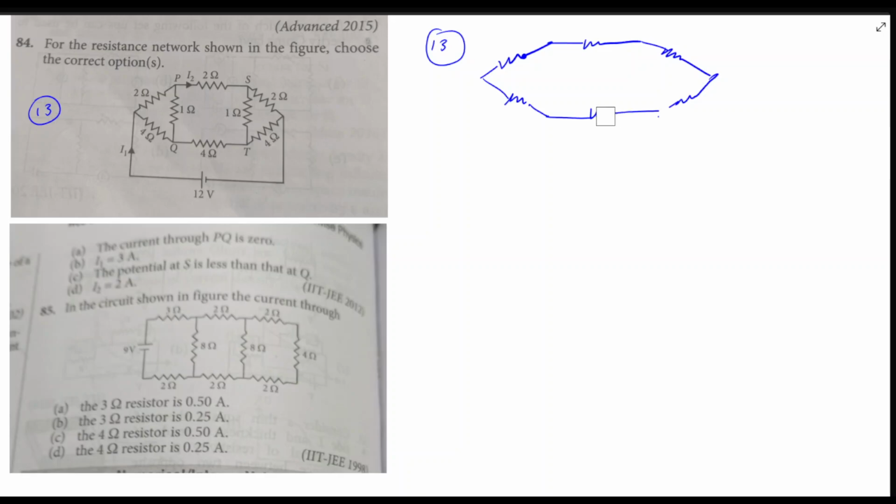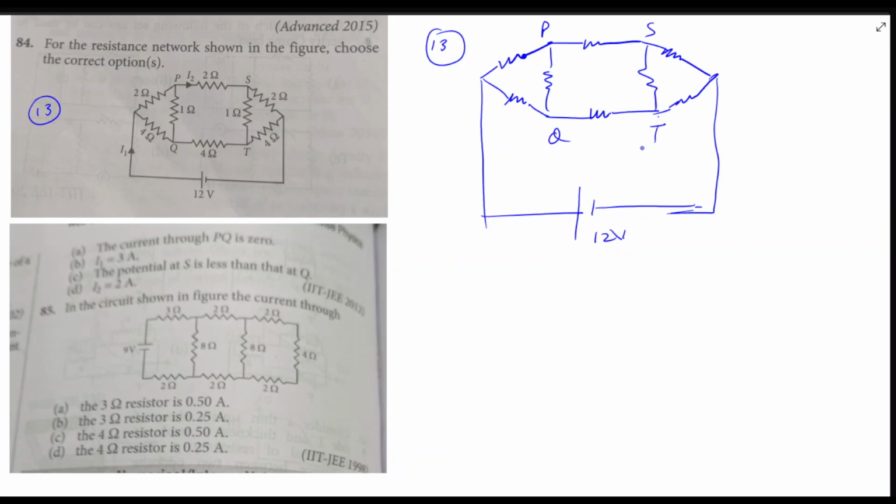Okay, now they're connected by a 12-volt battery like this, and two more resistors are here. This point is P, this is S, this is Q, this is T. Now in this wire the current is I1 and in this wire the current is I2.